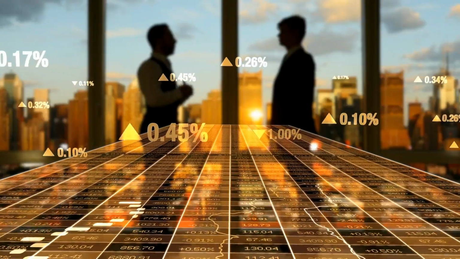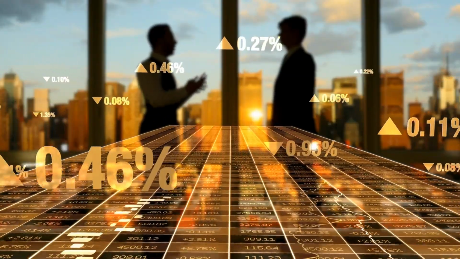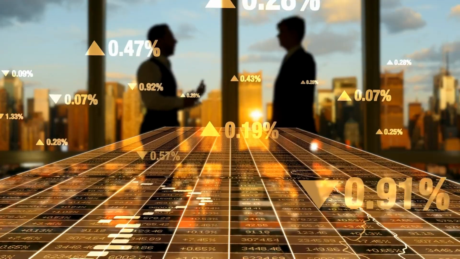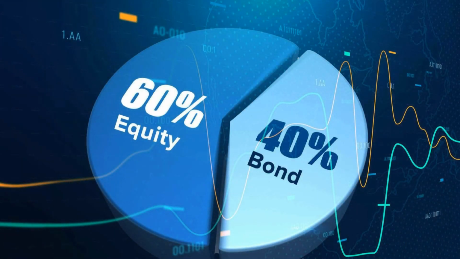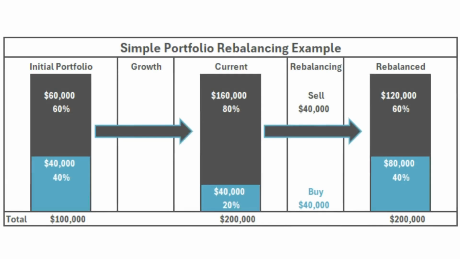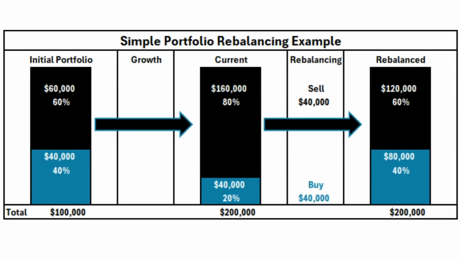When it comes to the investments that you're using, these investments are performing well or poorly at any given time. As a result, the allocations that you have set for yourself, for example, a simplified 60-40 where you had 60% of your investments in the stock market and 40% in bonds, could shift. If for some reason, the way the economy was performing, 80% of your portfolio ended up in the stock market and 20% in bonds, well, that is a different amount of risk that maybe doesn't work with your overall investment goals.